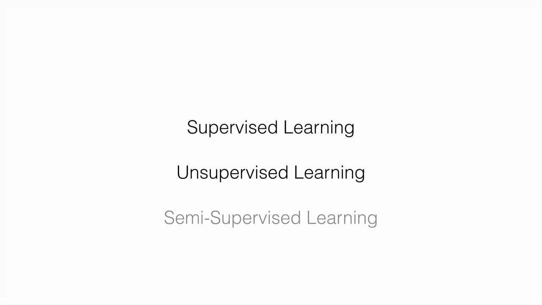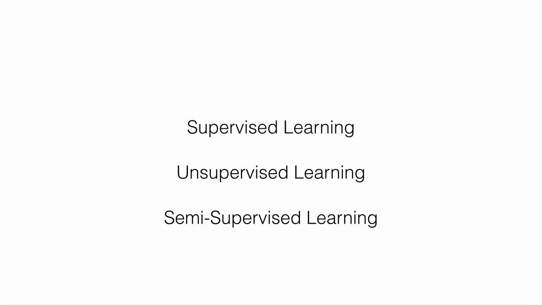Now there are three areas we're going to look at: supervised learning, unsupervised learning, and something called semi-supervised learning. In general, any machine learning can be assigned to two broad categories, which are really supervised and unsupervised. Reinforcement learning and recommender systems are also mentioned.